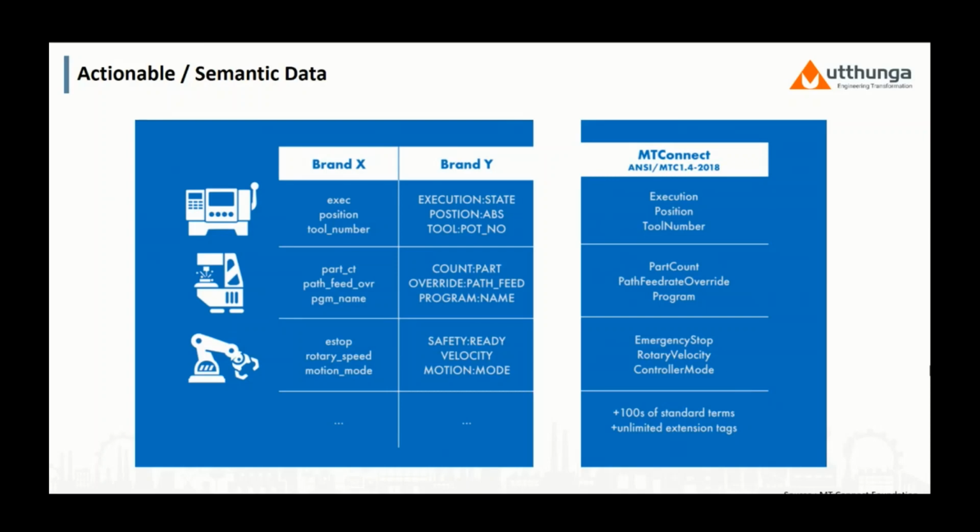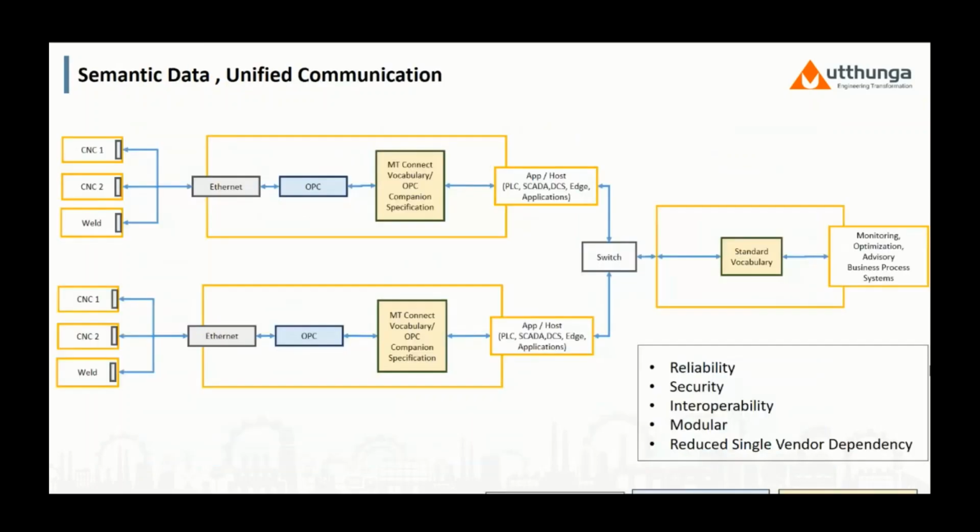Once such data has more semantics, the system becomes much simpler. Now, where is OPC in this? OPC doesn't ever work alone. It has a lot of companion specifications, and it has an MTConnect companion specification where the entire verbiage is mapped to the OPC namespace.